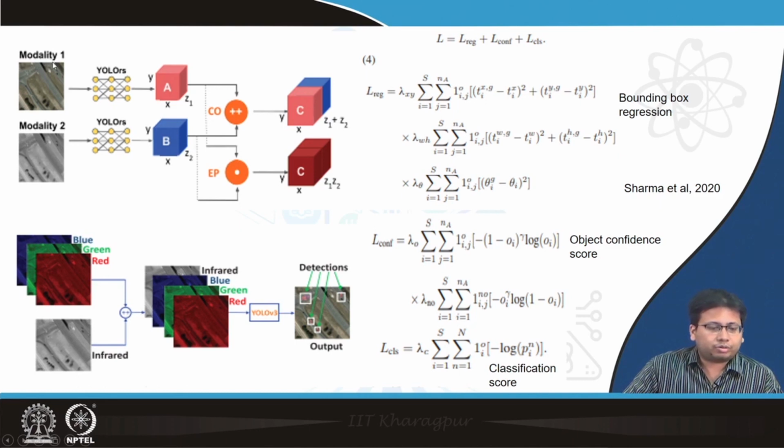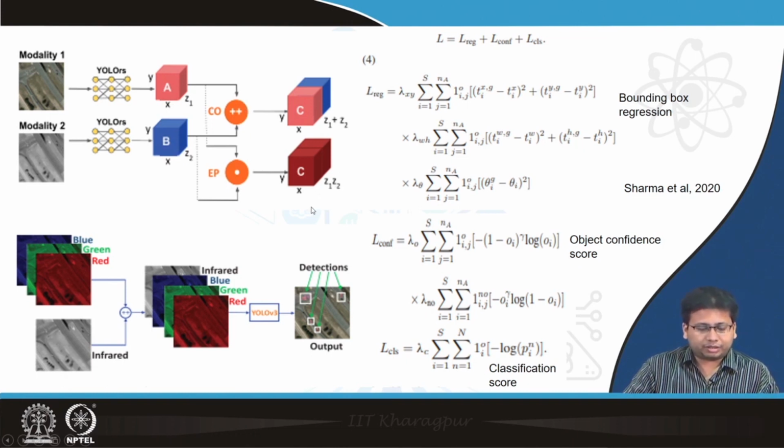This is the image from one modality, let us say RGB, and this is from a second one, let us say modality 2. Now both of them are passed through some kind of YOLO framework, and then their representations are somehow concatenated together.